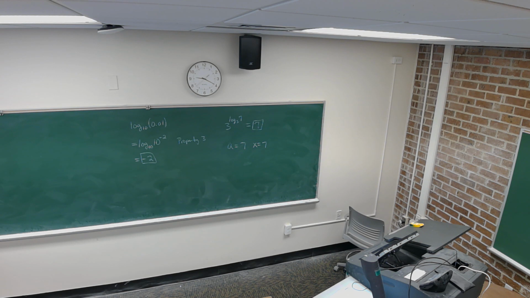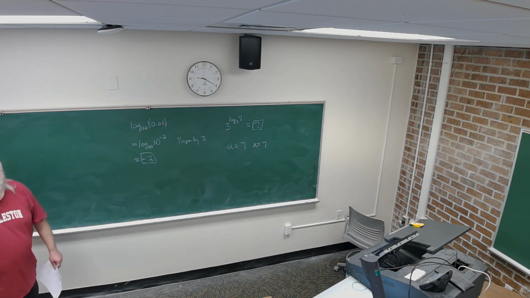And y is the exponent in our exponential. So we're saying that exponent y is equal to log base a of x. So logarithms are just a fancy way of expressing an exponent in an exponential.